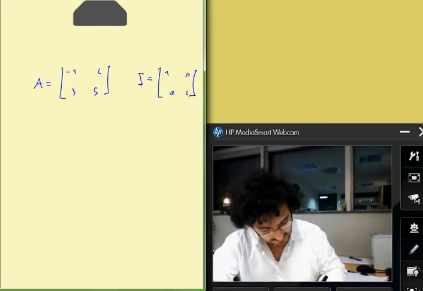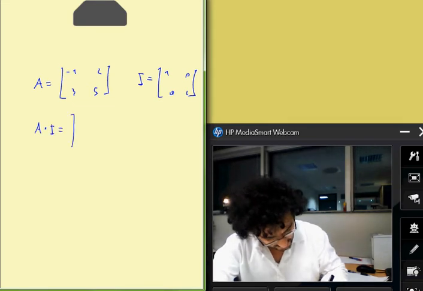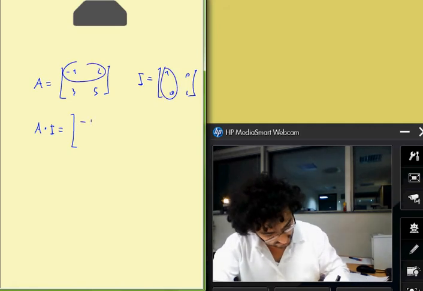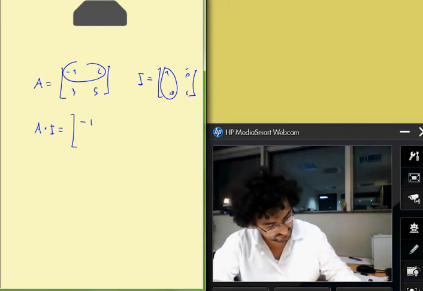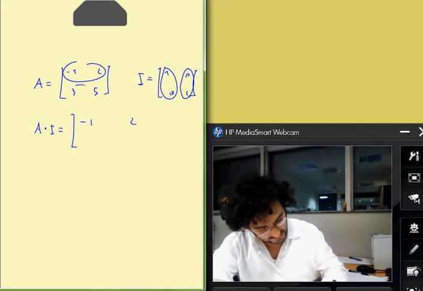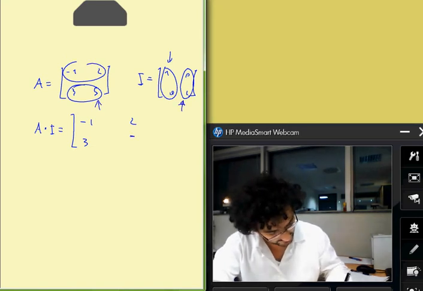In this case, A times I will be equal to: first row, first column, minus 1 times 1 plus 2 times 0, which gives minus 1; first row, second column, which gives 2; second row, first column, which gives 3; and second row, second column, which gives 5.